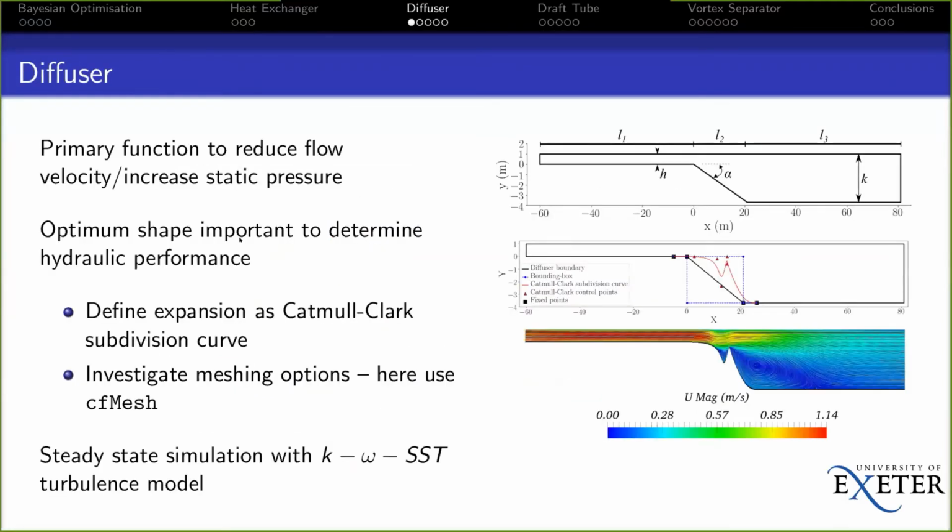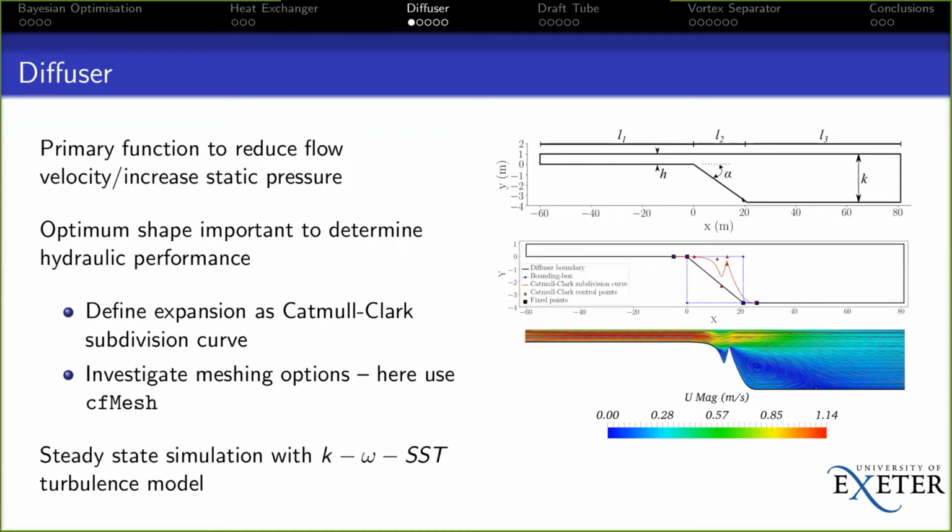Now, I mentioned a second simple problem we looked at, which was that of a diffuser. Now, again, this is an engineering problem, but we've simplified it to make it as straightforward to calculate. Diffusers are used in a range of different examples to reduce flow velocity and to increase static pressure. And they've also been studied quite extensively to optimize them.